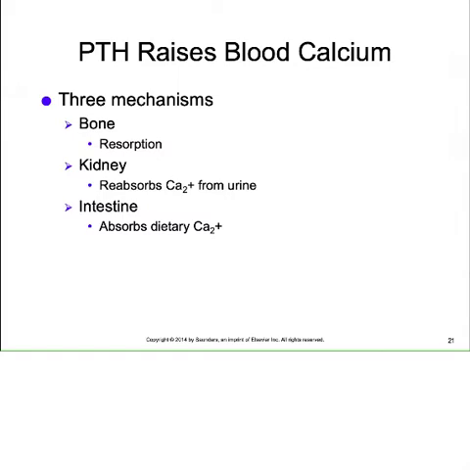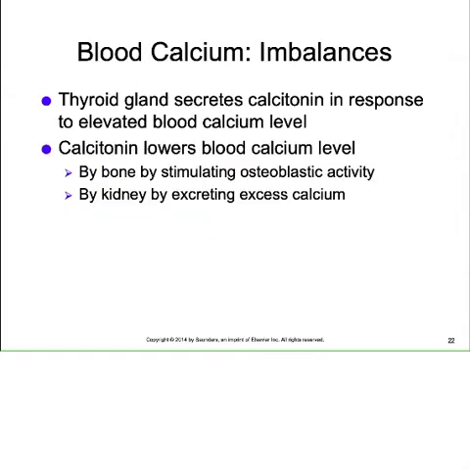It can recover calcium from blood, from kidney, and from intestine. And calcium is critical in processes such as blood clotting, in nerve transmission and muscle contraction, and in cell signaling. So if our calcium levels get messed up, all of those processes are going to suffer. An imbalance in blood calcium is going to cause problems throughout the body.